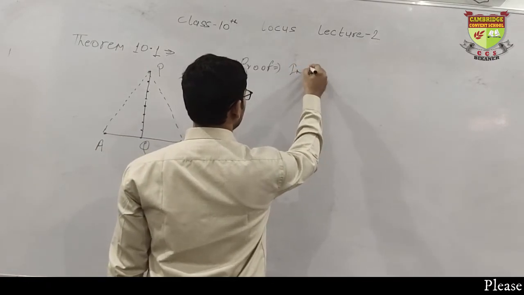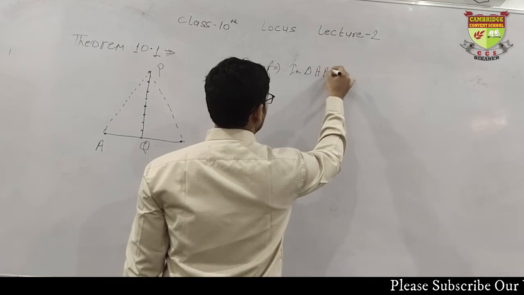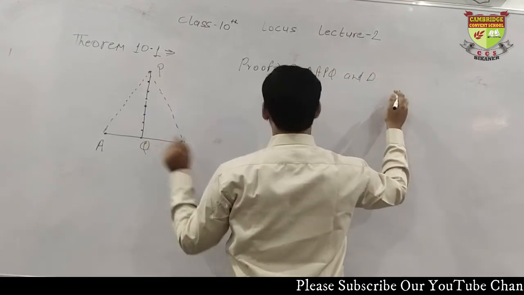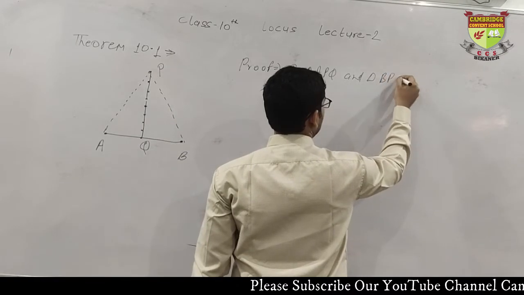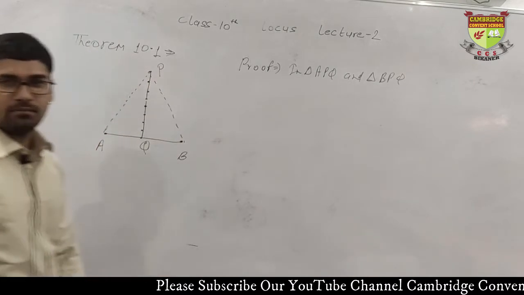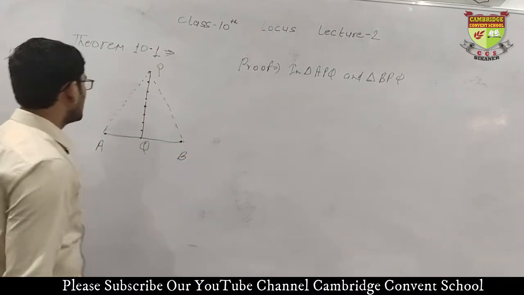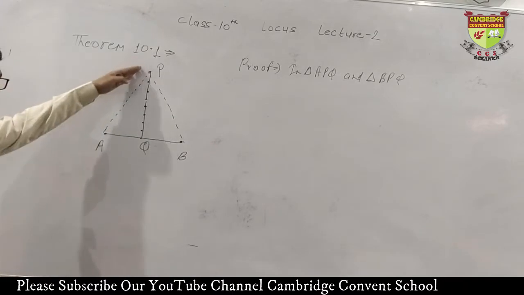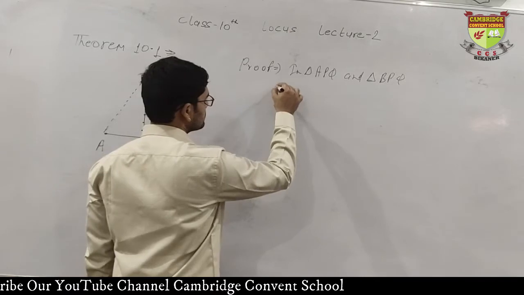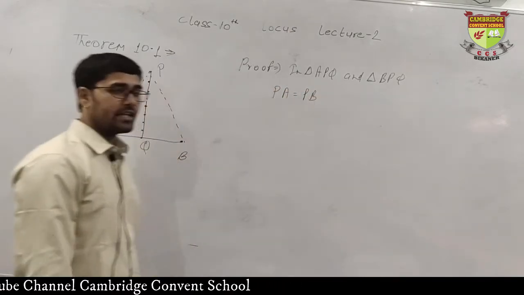We will write in triangle APQ, and another triangle is BPQ. In triangle APQ and triangle BPQ, what can we do? We have to equate any three things. So first is PA equal to PB. Why is it equal?